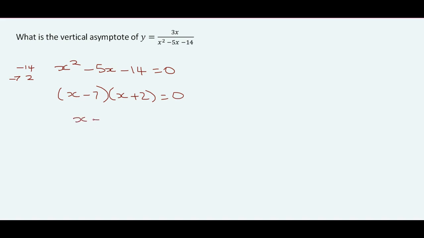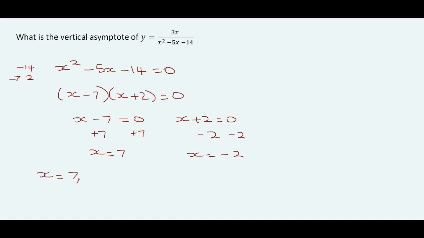So we have x minus 7 equal to 0, and then we also have x plus 2 equal to 0. So we add 7 to both sides, so x equal to 7. We subtract 2 from both sides, x equal to -2. So x equal to 7, x equal to -2. Those become our vertical asymptotes.